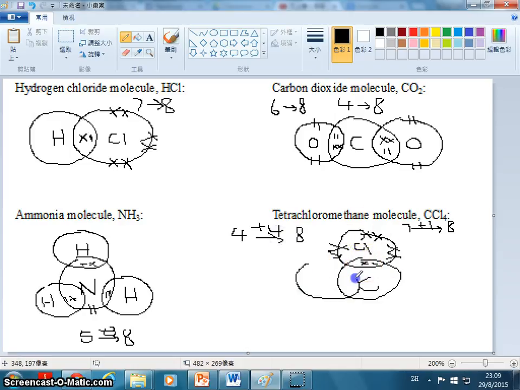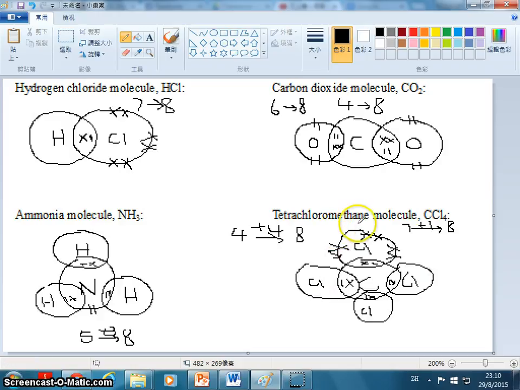It will further form covalent bonds with 3 more chlorine atoms. So that's why here we draw 3 more chlorine. In this way, carbon will fulfill its octet: 1, 2, 3, 4, 5, 6, 7, 8.